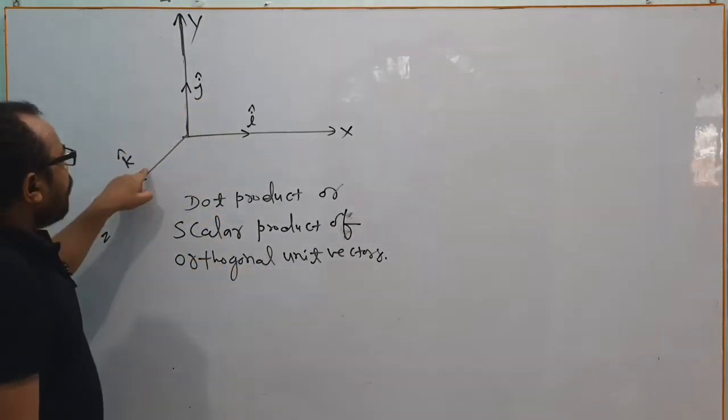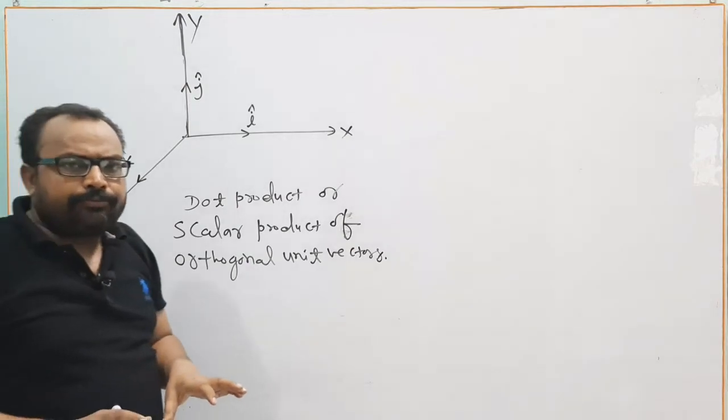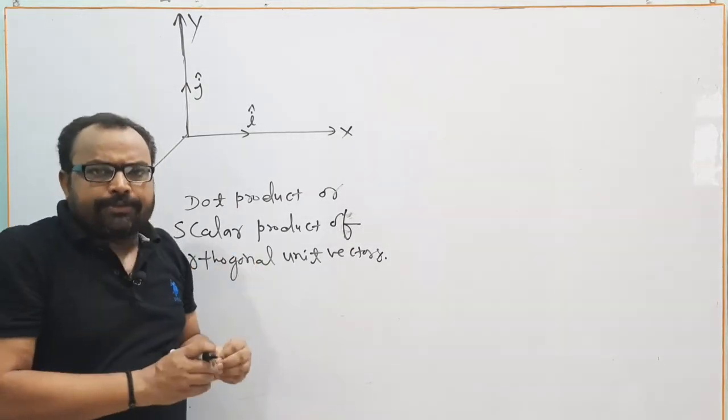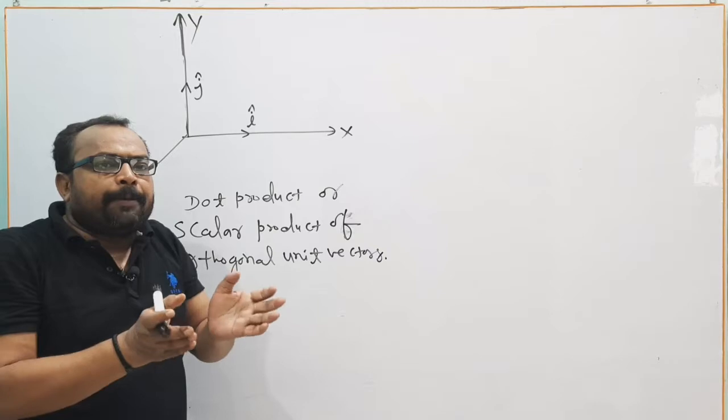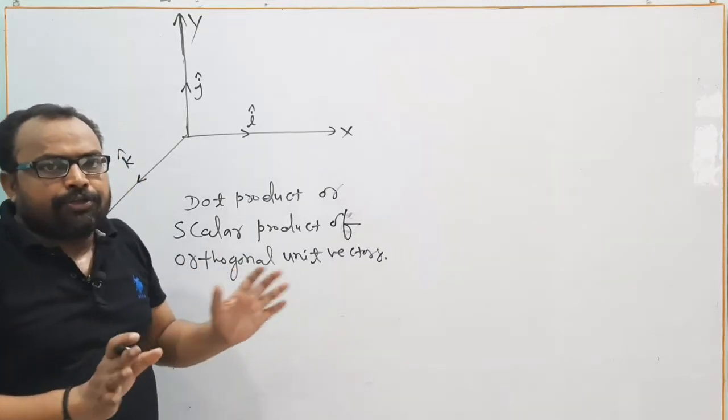These are called orthogonal unit vectors. Orthogonal means mutually perpendicular vectors with each other.